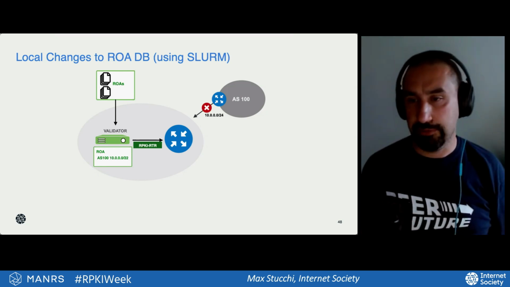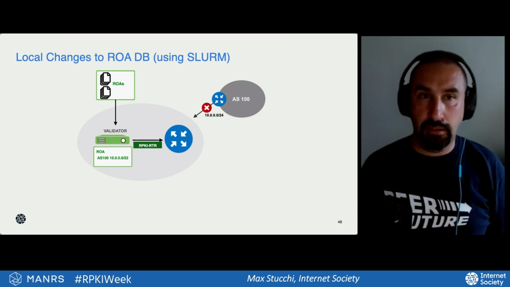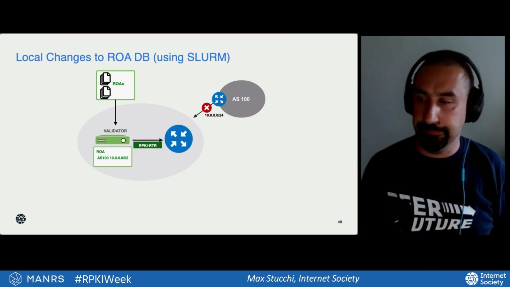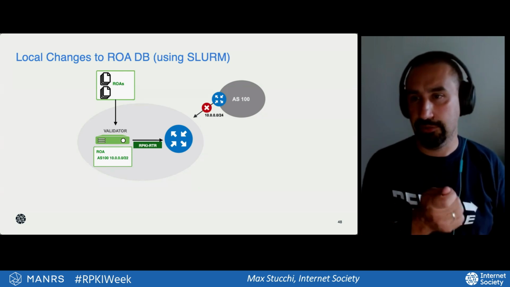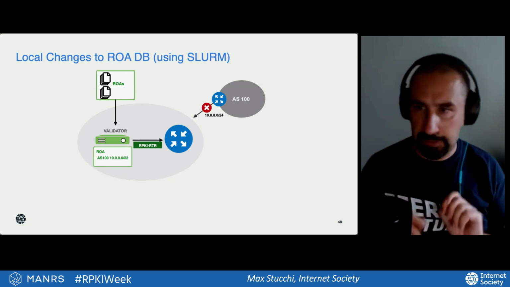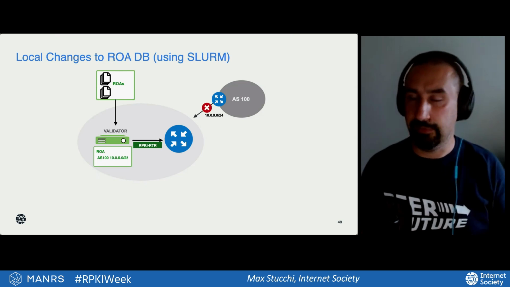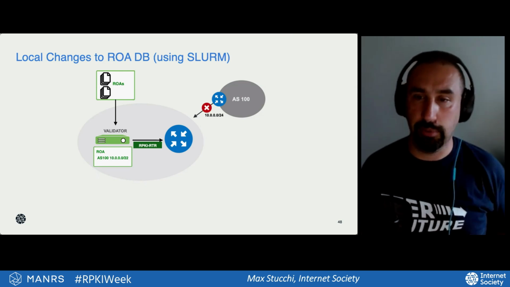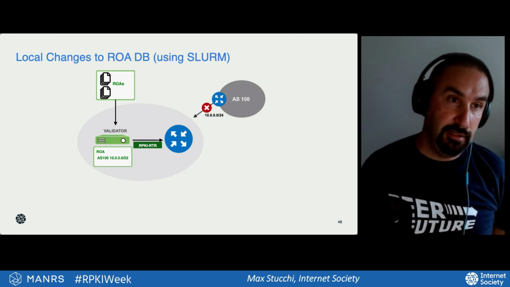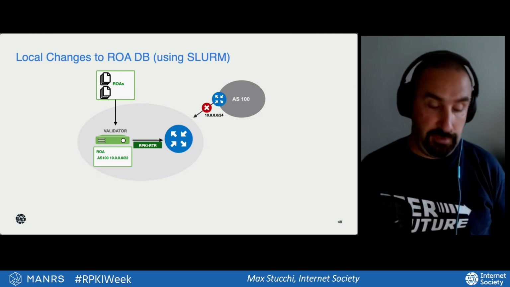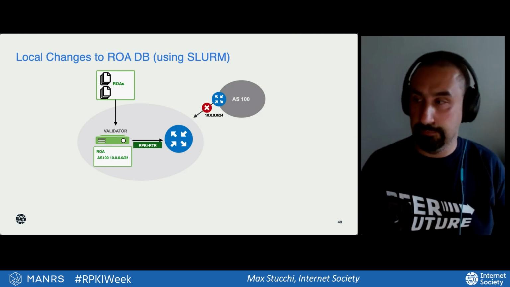In FRR, which is what I'm going to show during the demo, you see basically that ROAs represent an additional routing table with the addition of the max length. It's a slightly special routing table, but you see they have their own table. Same happens with BIRD, where you can verify that entries are in the ROA routing table.